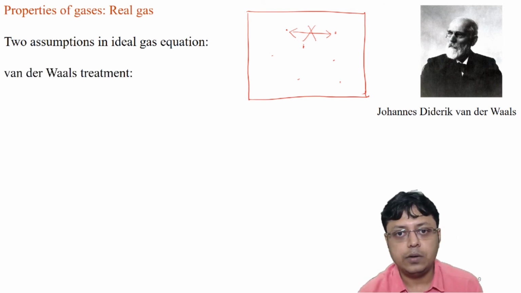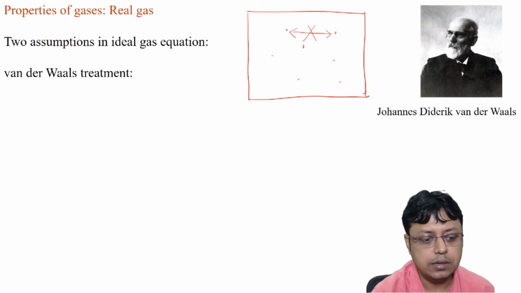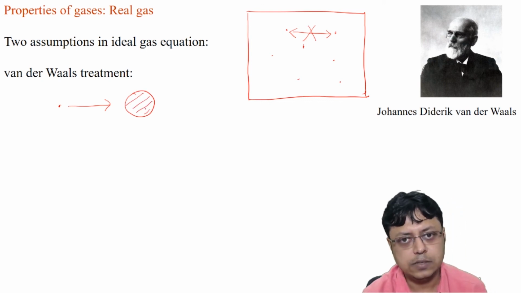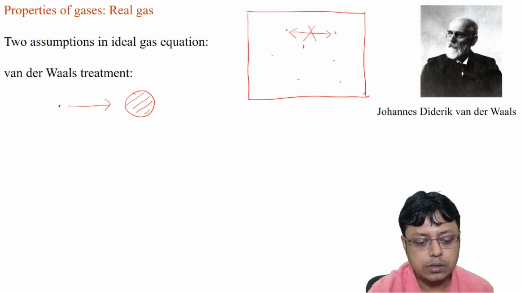The first thing van der Waals did is to consider the finite size of molecules, from point-like objects to something like a hard sphere. Now imagine a situation: we have a container.